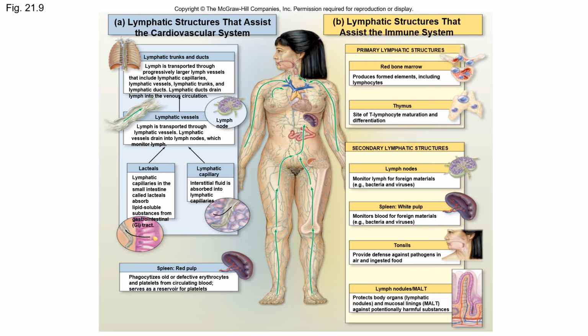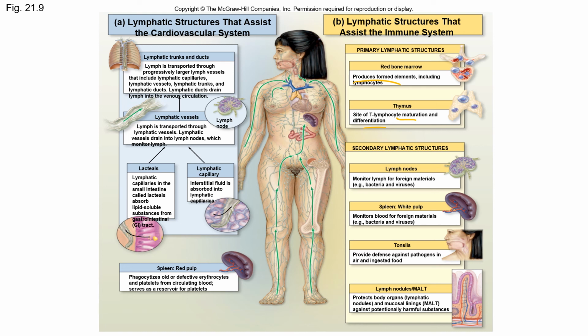All right, so we've now learned about all these structures in the lymphatic system. The capillaries and vessels and trunks and ducts that carry excess body fluid from your various organs back to your circulatory system, your cardiovascular system. And we've also learned now about lymphatic structures, and some people divide them into primary, the red bone marrow that produces formed elements, and the thymus that matures and differentiates T cells.